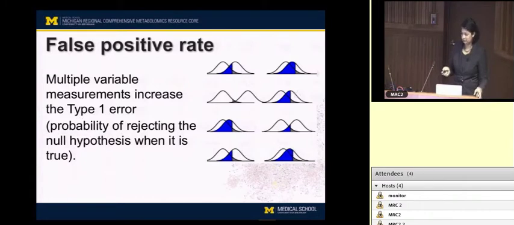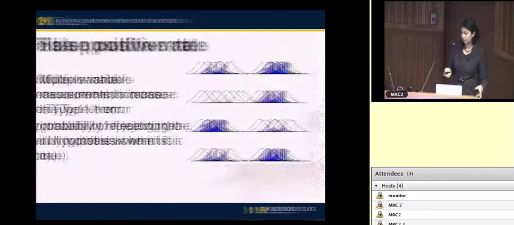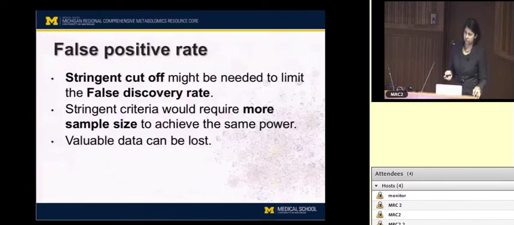So you're rejecting the null hypothesis when it's true. In order to account for this issue, we have to choose a stringent cutoff with a lot of statistical techniques. The stringent criteria translates to you as more sample size. So if you don't do an adequately powered study, because of the number of variables and the stringent cutoff that needs to be applied, you will lose data that might be in the background if you do not power your study well.